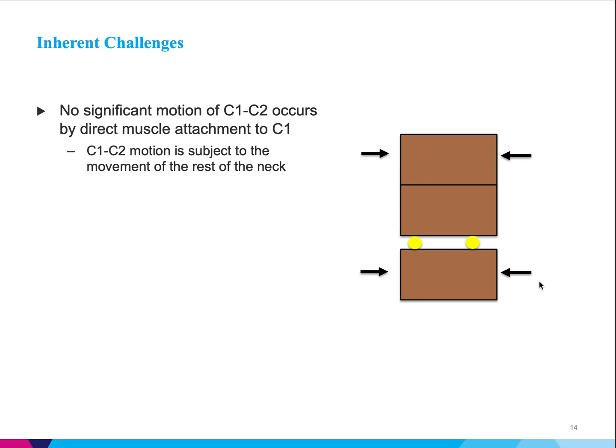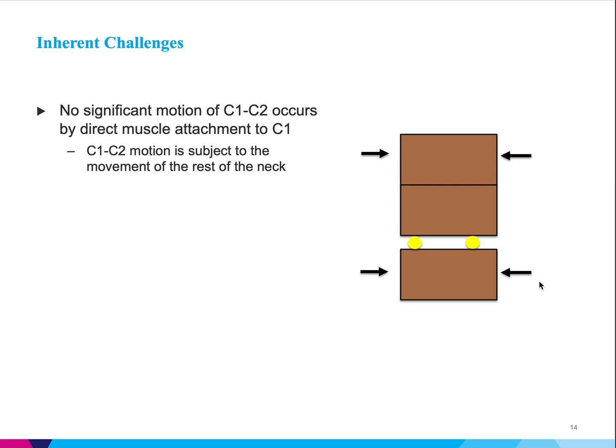The motion really comes from muscles that are attaching to the skull, or muscles attaching to the rest of the lower spine, so C2 and below. And as those muscles flex and turn the head, C1-C2 motion is subject to that external motion.